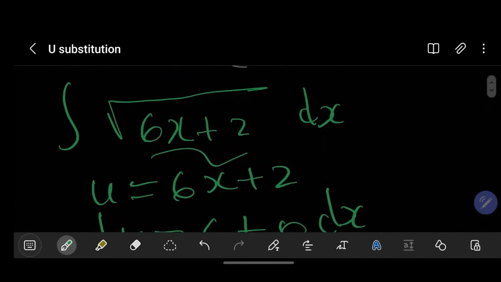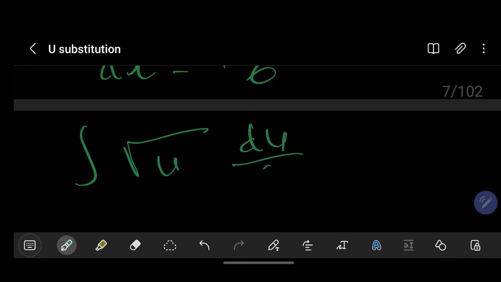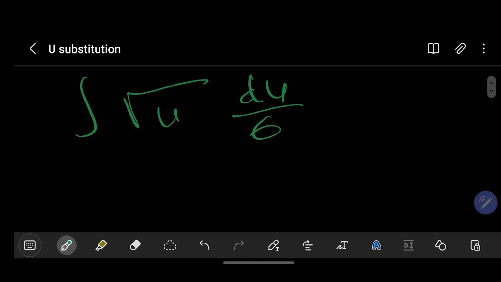Okay, so let's substitute back and see what we get. So this will now be the integral of the square root of u du by 6. And we can pull out 1 by 6. So 1 by 6, the integral of the square root of u.